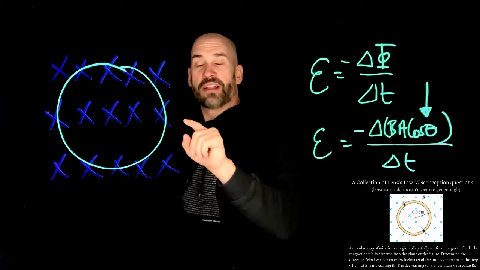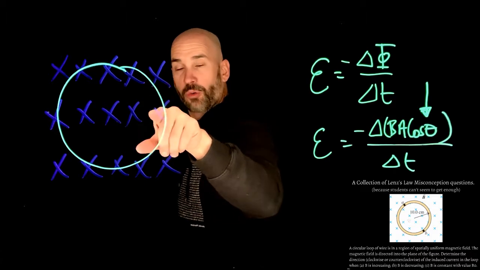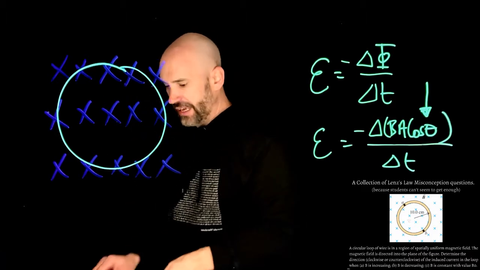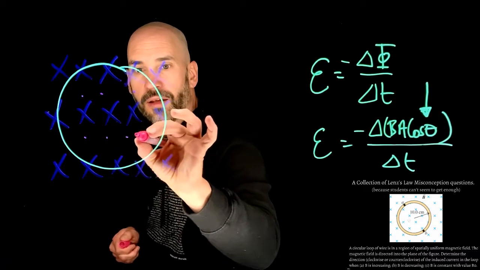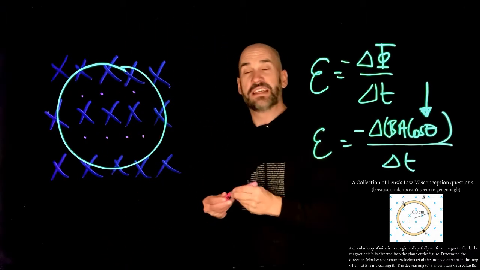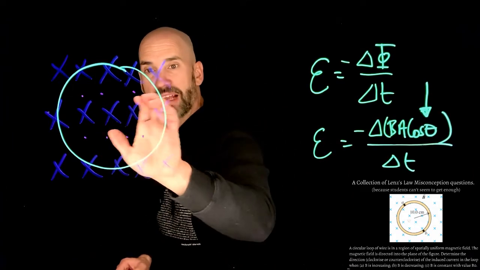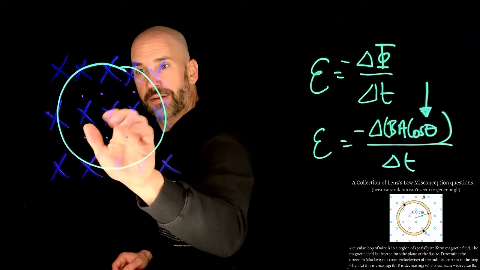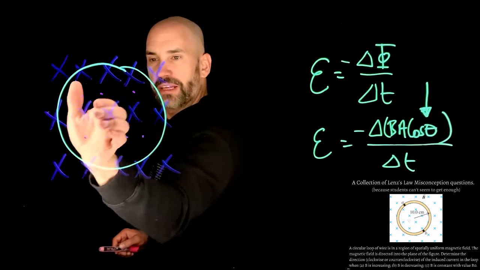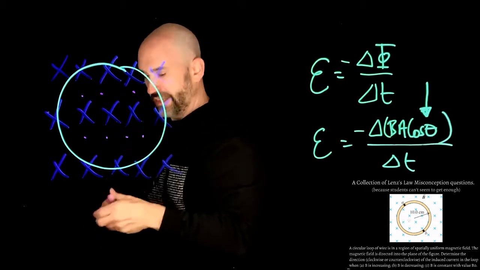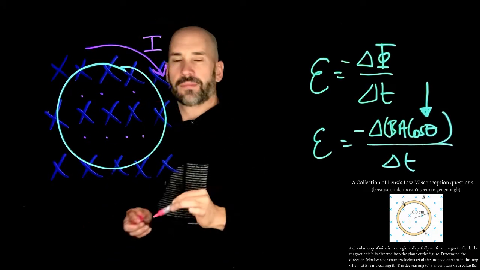It wants a new flux towards you, an induced flux in this direction to cancel out this new flux in this direction. Well, what direction would give you that? I need a magnetic flux out, and you can see from my thumb right now, that would be a current that would be clockwise. So you would end up having a clockwise current in that case.